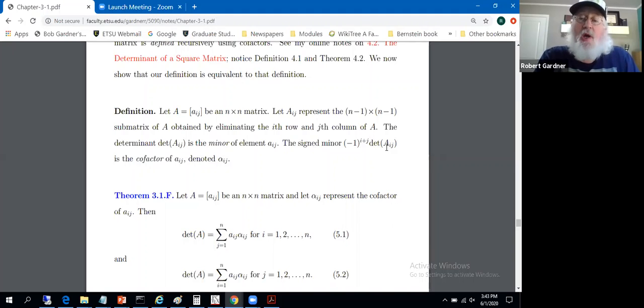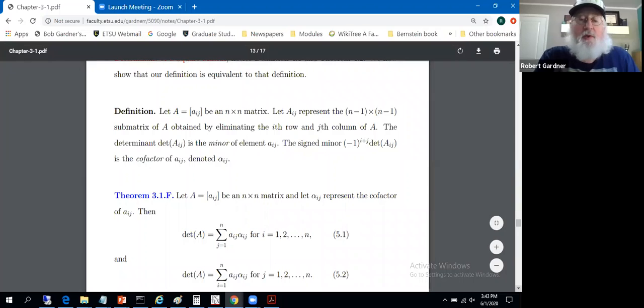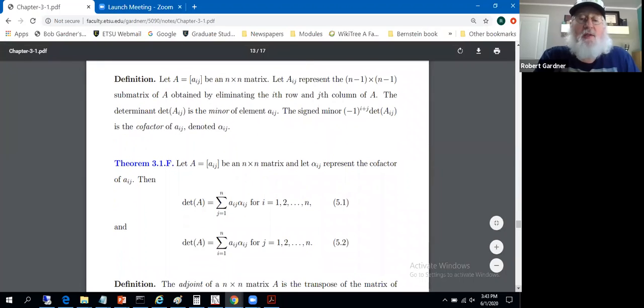And what you saw in sophomore linear algebra is the following. We can calculate the determinant of a matrix A, usual notation. What's new is these cofactors, the alpha sub ij's. We can calculate the determinant of a matrix A by summing j equals 1 to n, a sub ij alpha sub ij. And this is valid for any i between 1 and n.